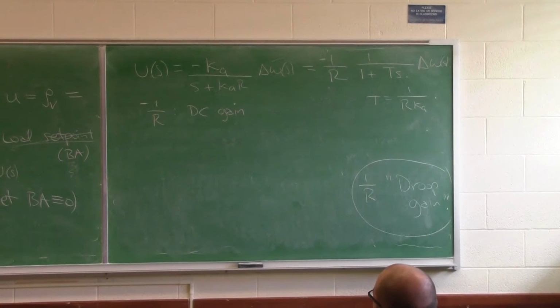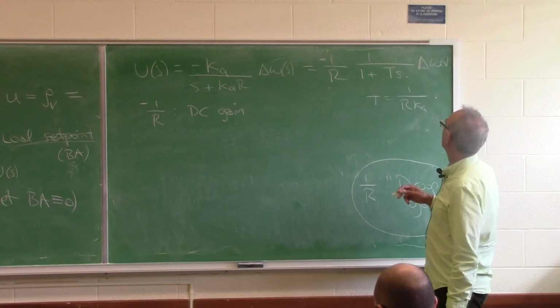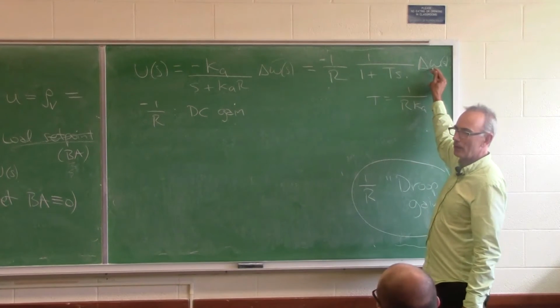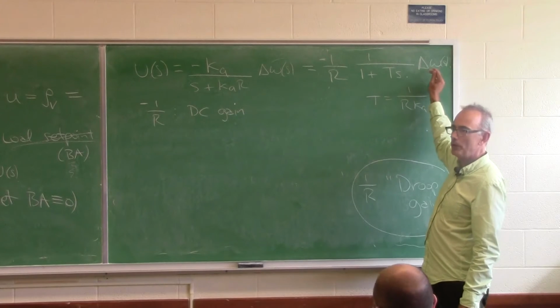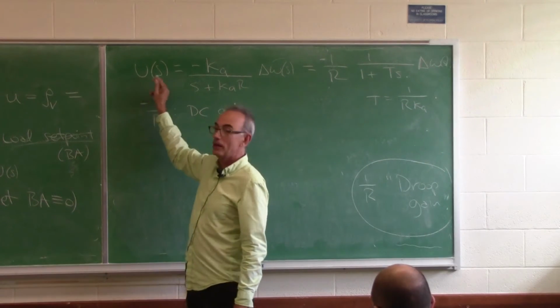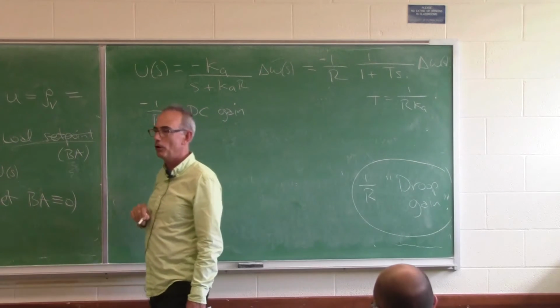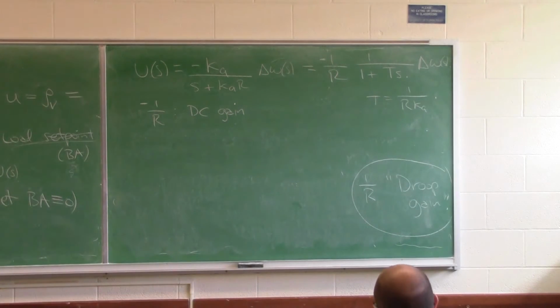Maybe somebody else can help me with that? Somebody else look it up. Not now, but we should all know the origin of that weird language. But anyway, it's a gain because it's a DC gain with a constant error, say, 1 degree error. If it was constant forever, then you'd get a constant change in valve position, which would be minus 1 over R times that value.